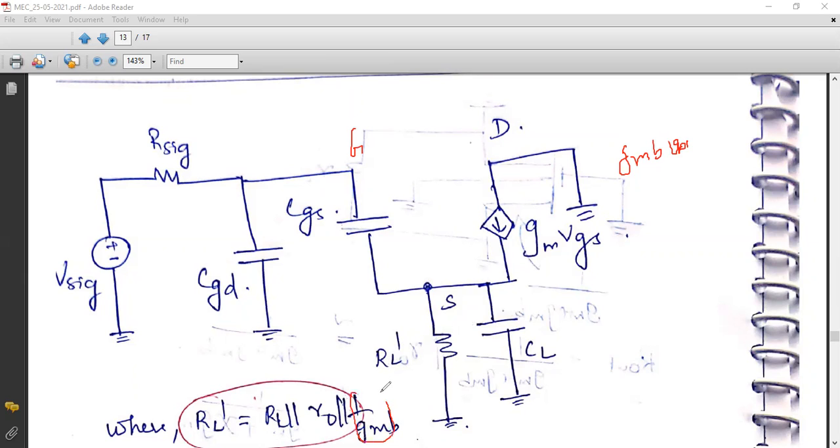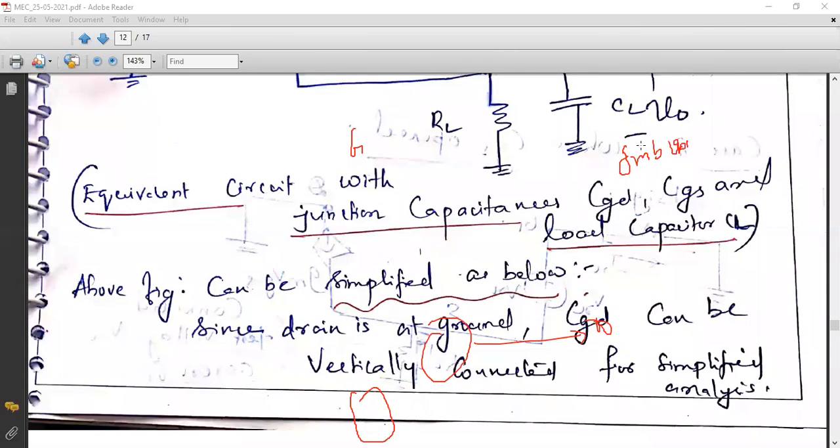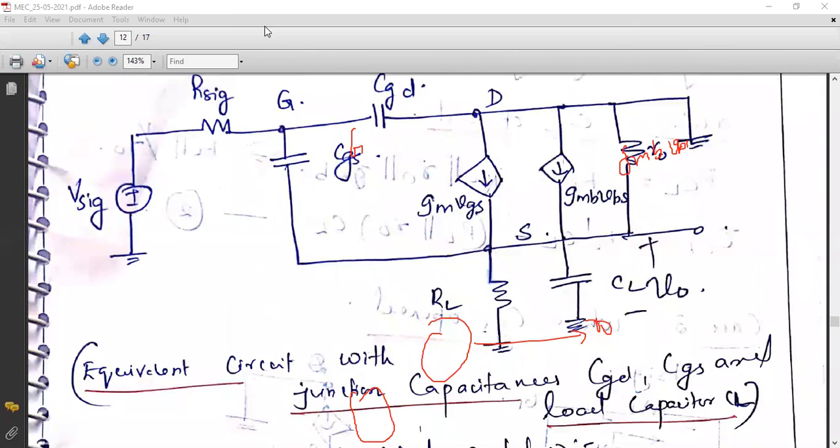So 1 by GMB is a finite resistance that I will take along with small letter R0 and RL dash. If you see this RL dash, it is parallel with small letter R0, right? Small letter R0 is connected between drain and source.